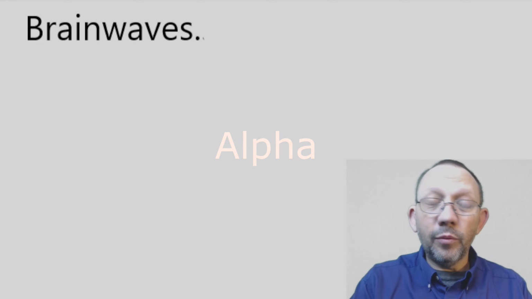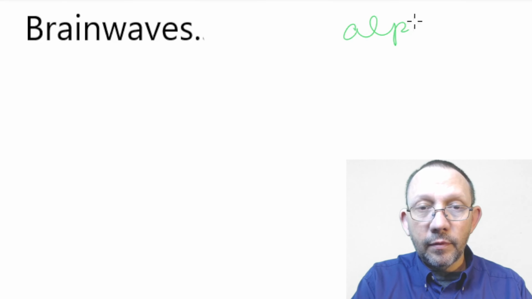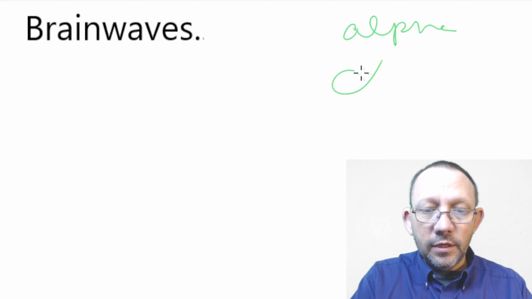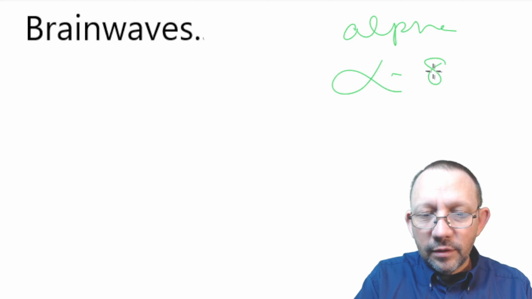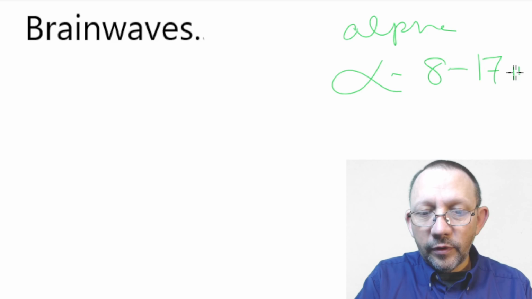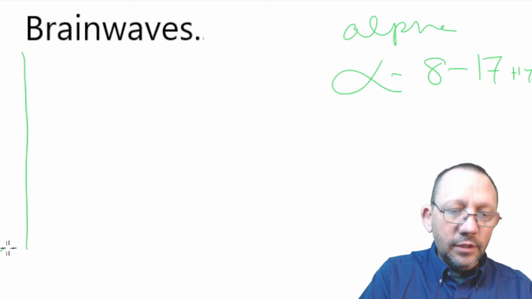Okay, so now the third one we have is alpha. And alpha, like this, is between 8 to about 17 hertz. So this one here, it's a lot faster.